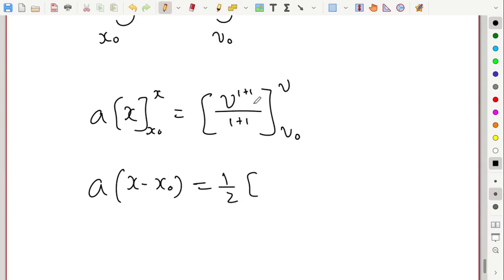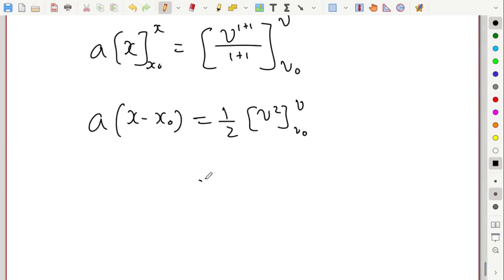So we have v square, of v0 to v. Now putting the upper and lower limits, what do we get? Upper limit gives v square minus v0 square.